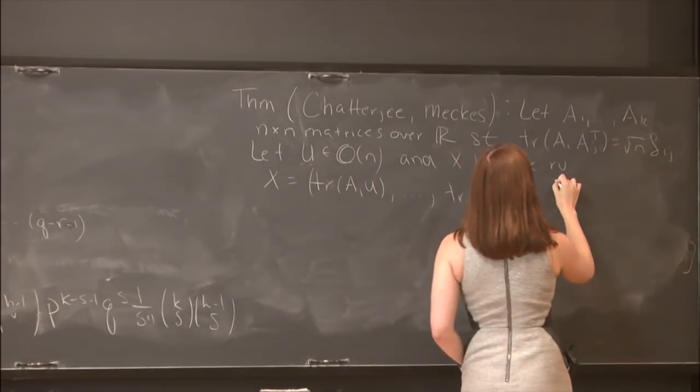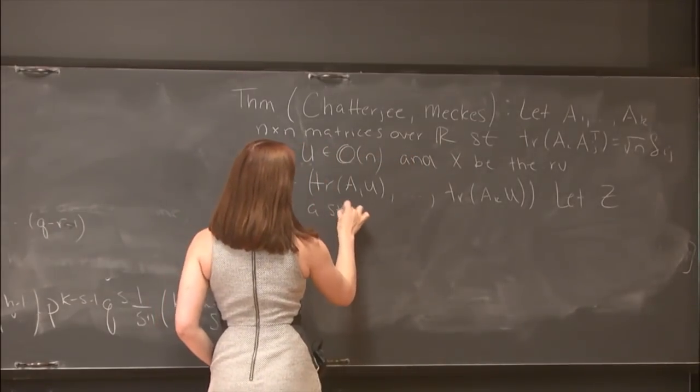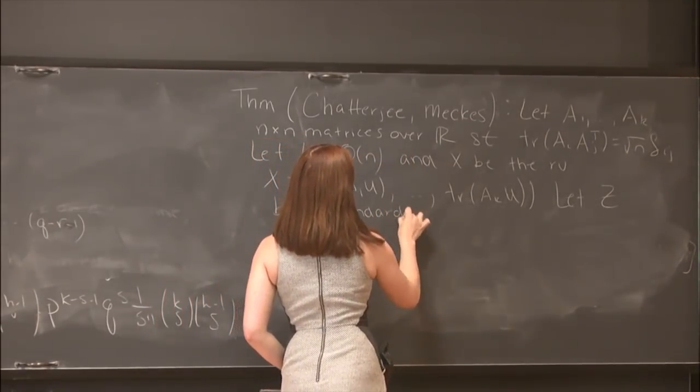And again, we let Z be a standard Gaussian random vector in R^K.